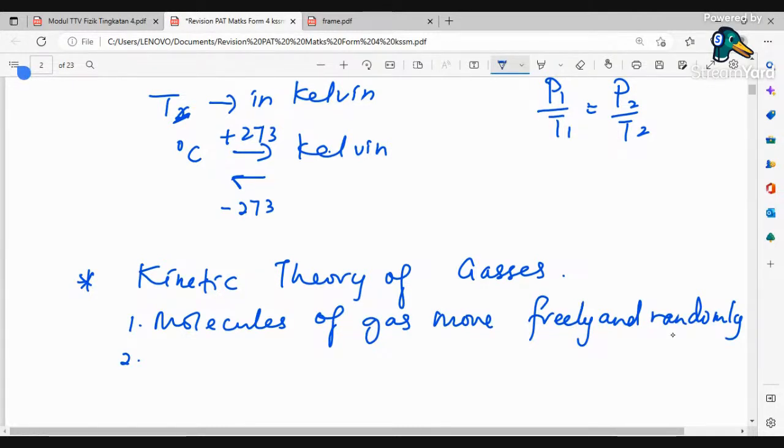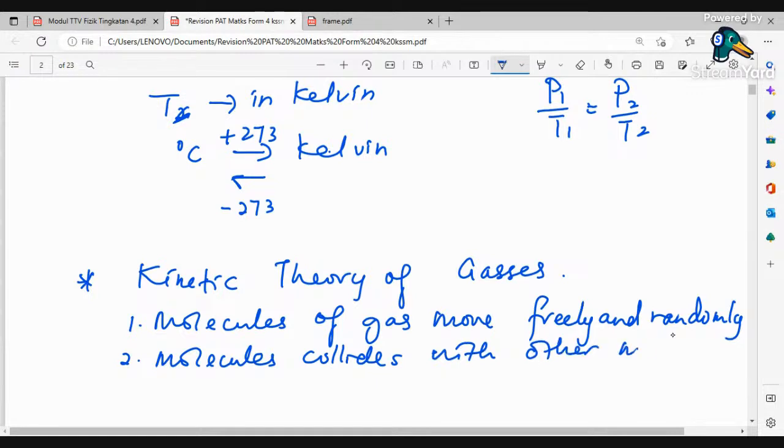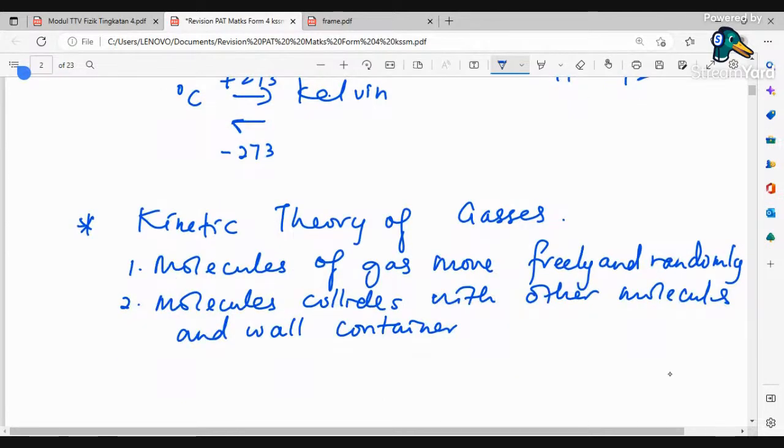And then molecules collide with other molecules with elastic collision. Okay, elastic collision.